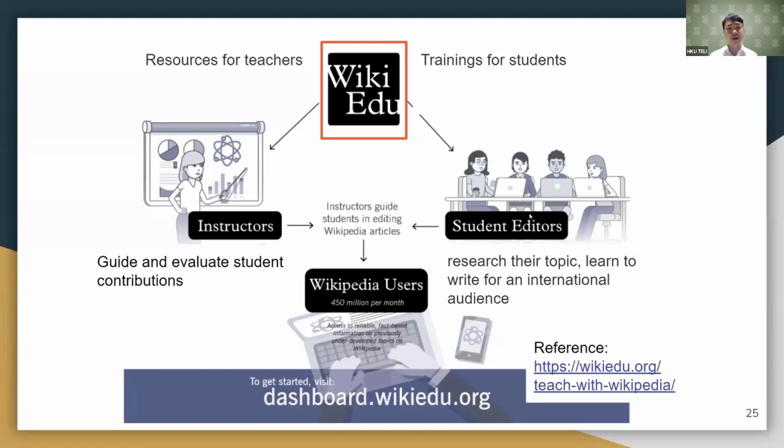Meanwhile, while the students are editing, the teachers guide and evaluate students' contributions. Wiki Education will provide training for students, teaching them how to edit, how to search for information, and how to write on Wikipedia, with some correcting tests. They also provide the dashboard and other resources for teachers to monitor the whole writing process.